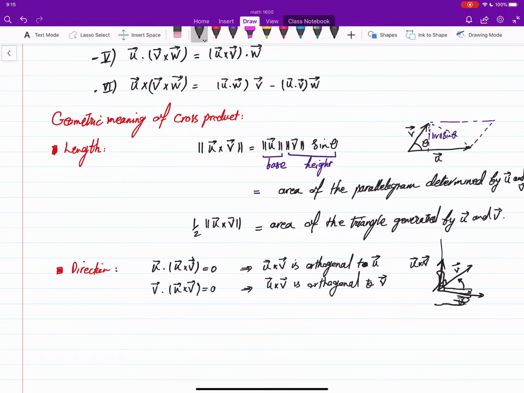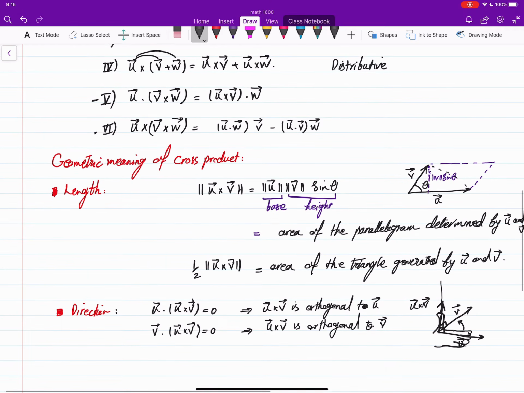So it is a vector orthogonal to both of them, and the direction is given by the right hand rule. We will use these properties to do some of the work we have, in particular finding equations for planes in R3. This property, specifically this one, is going to be useful.